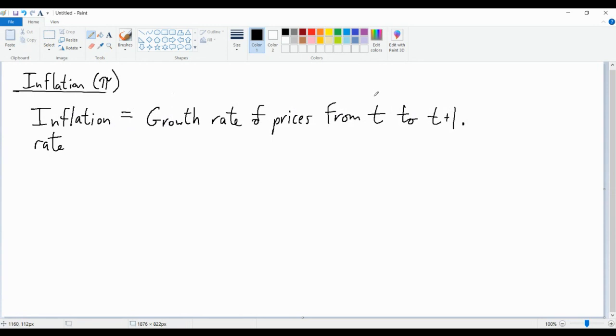So if t is 2000, t plus 1 is 2001. If t is 2020, t plus 1 is 2021. So we're going from year to year.